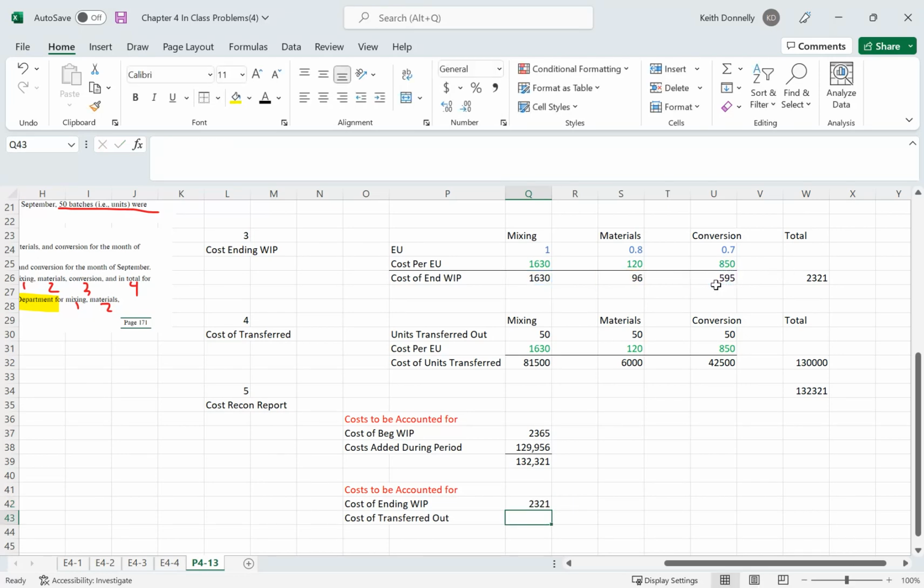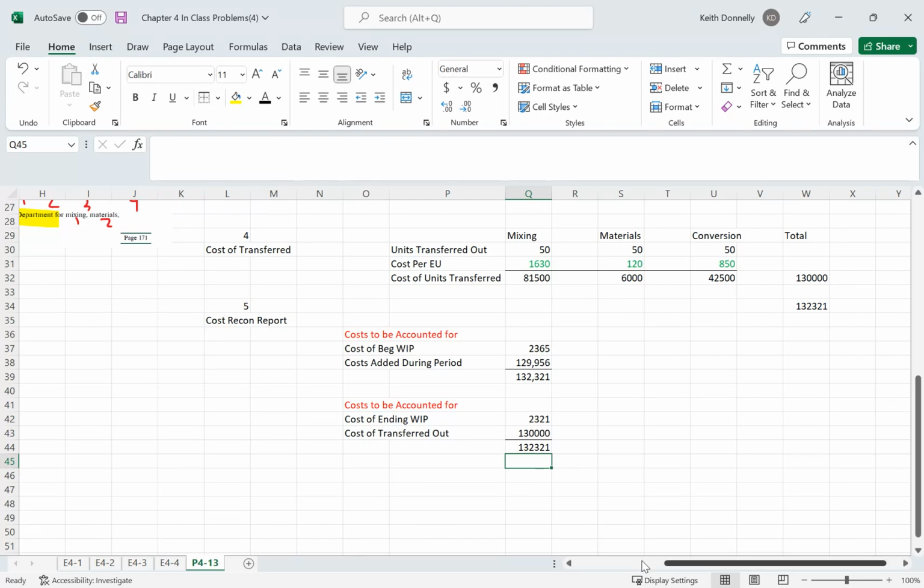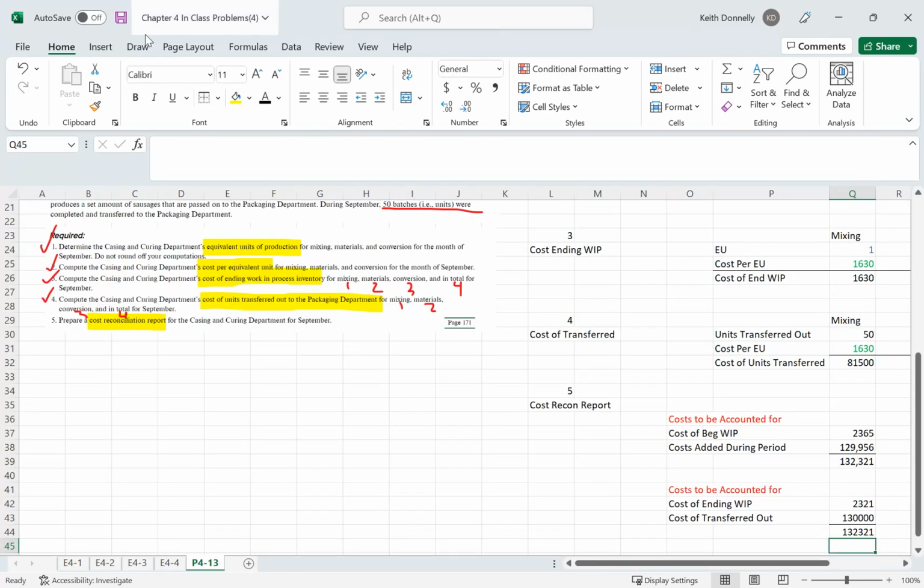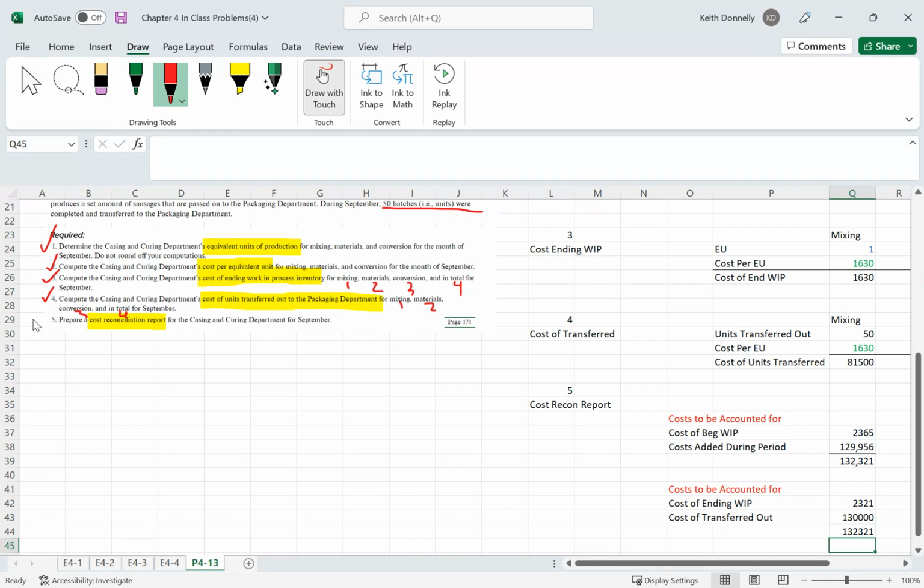And then the cost of our units transferred out, those three, that's why I did the math up here before to show you. Add those two together, we're at 132,321. So we can now check that off.